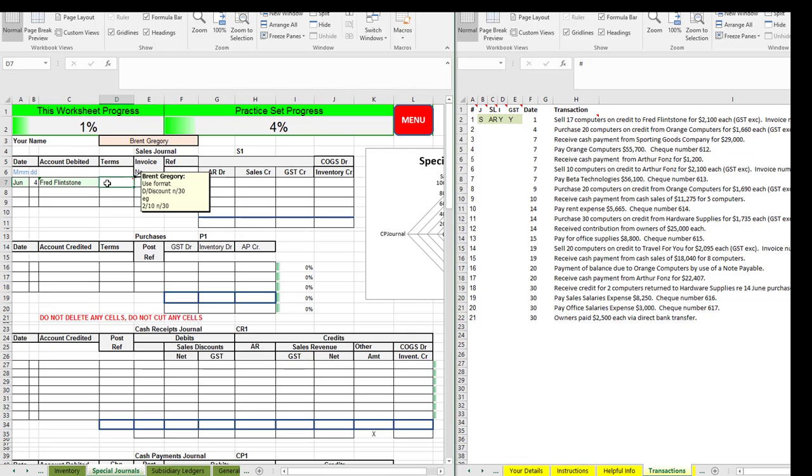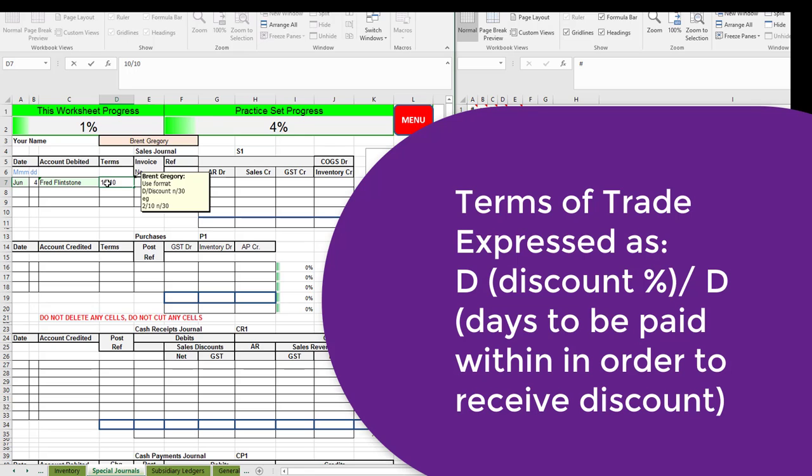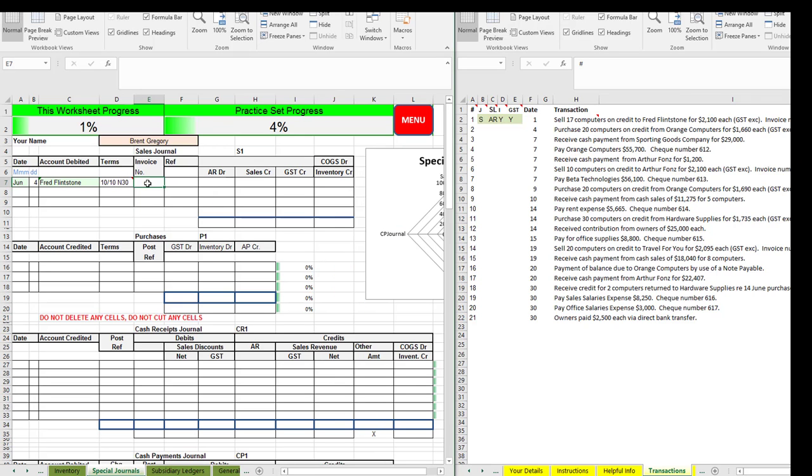The terms, right over the far side, are 10/10, net 30, the invoice number is 241, and we don't have a reference yet.